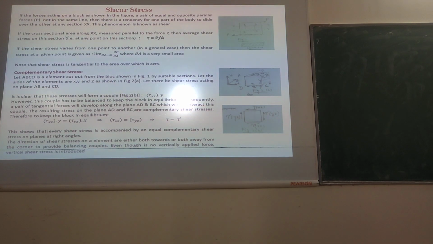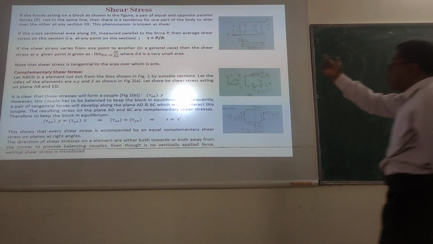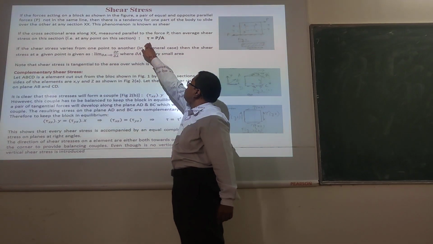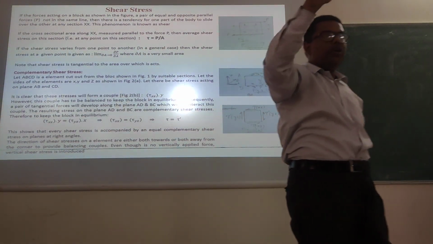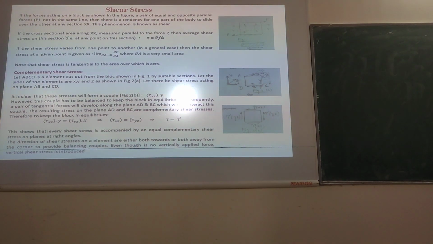In this case also, at the interface there will be a resistive force R generated, and that R will be equal to P. And that's why the shear stress, which we denote with the symbol tau, is equal to P by A. What will be the unit? The unit will be the same as the direct tensile stress, that is Newton per meter square.